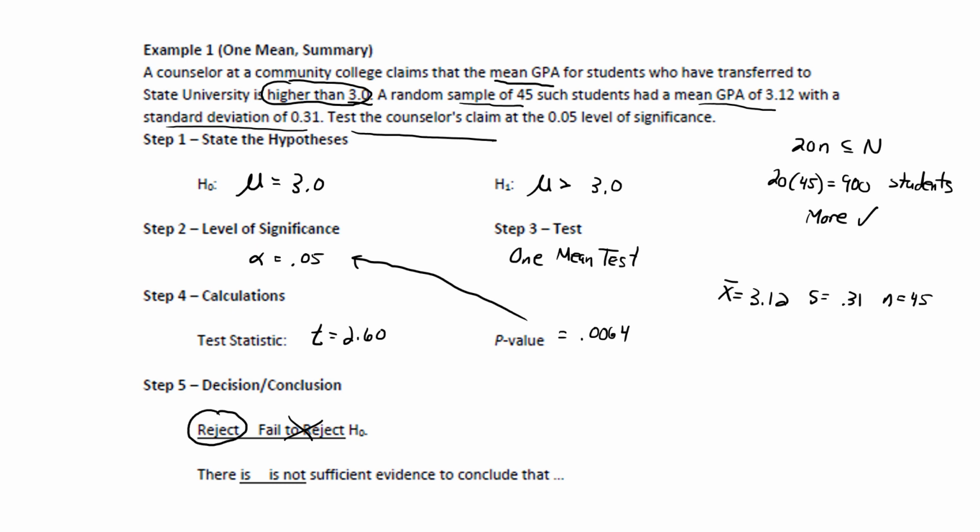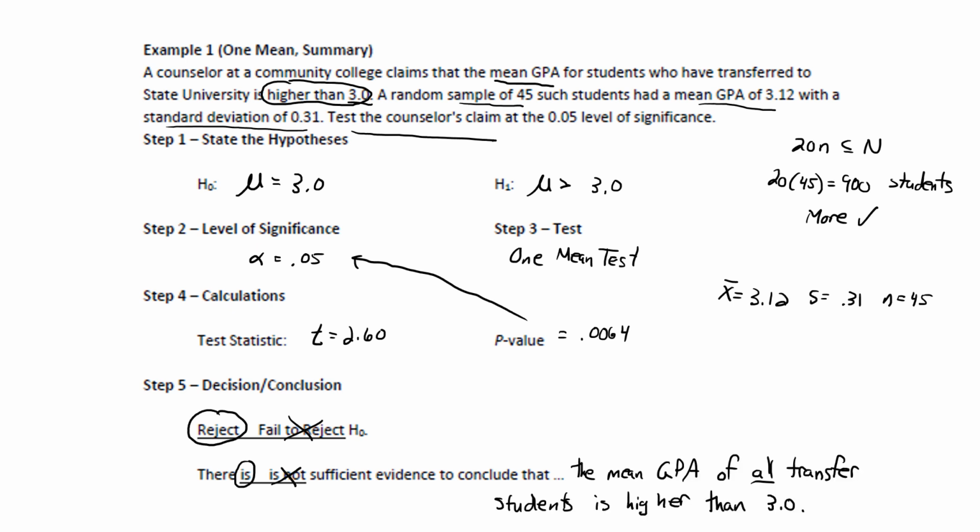In other words, we're saying that we believe the null hypothesis is false. And when we reject the null hypothesis, that means that there is enough evidence or sufficient evidence to conclude that H sub 1, the alternative hypothesis, is true. In this case, that means that the mean GPA of all transfer students is higher than 3.0.